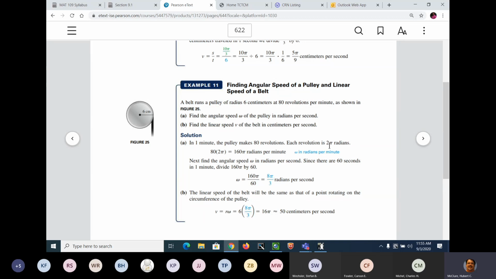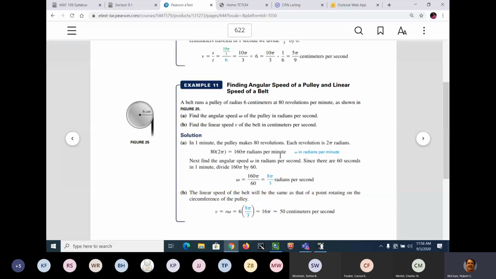Each revolution is 2 pi. And you know that because 360 degrees is equal to 2 pi. Okay. So with 80 revolutions per minute times 2 pi, that's 160 pi radians per minute.